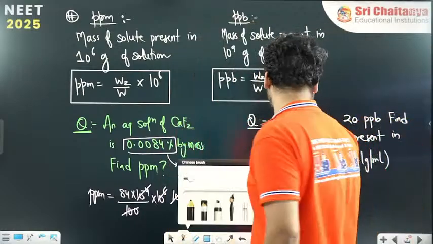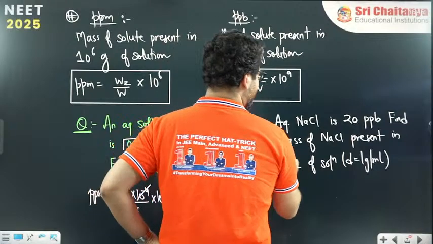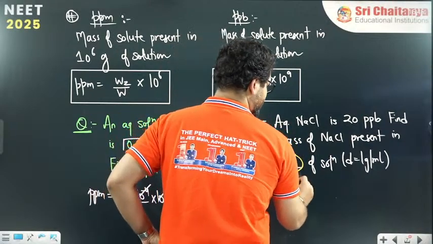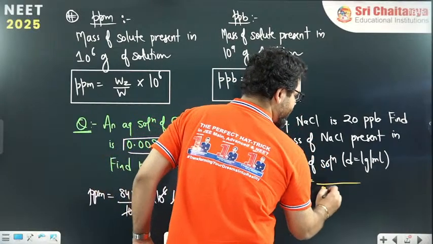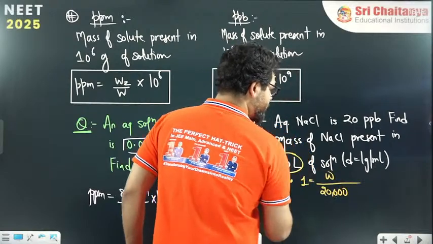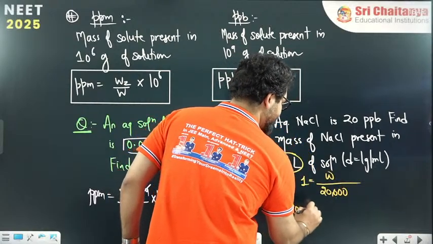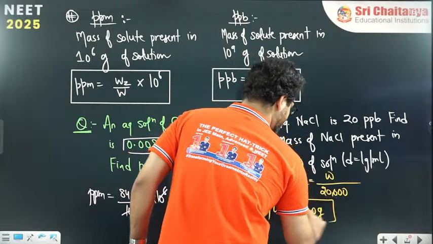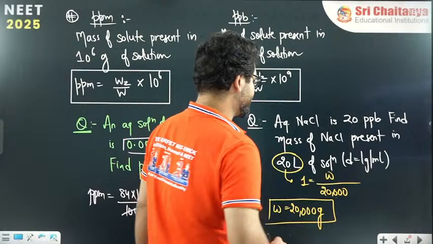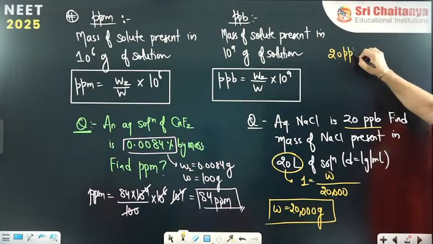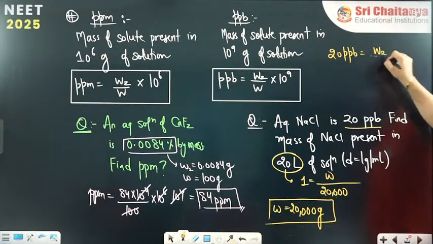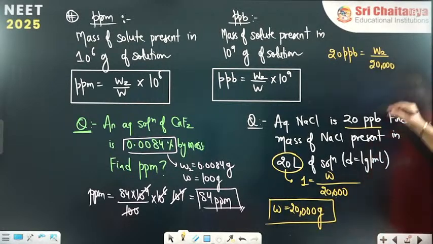Okay, I'll solve this one. You can see here, solution is 20 liter, its density is 1. That means density equals mass by volume. 20 liter in milliliter will be 20,000, so the weight of solution comes out to be 20,000 grams. Weight of solute they are asking. ppb is given, so the formula is: 20 ppb means weight of solute by weight of solution, 20,000, into 10 to the power 9.